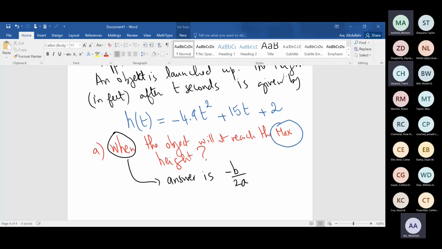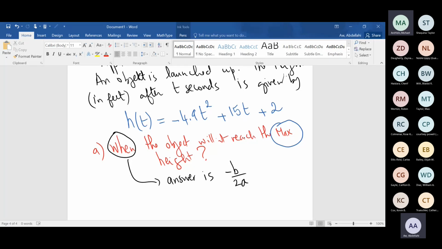But when it is after how many seconds, this is the input variable, this is the t. What time will the object reach the maximum? This is the t, and the t in the vertex is the h, the first one. But when you ask what is the maximum height, that is the k.